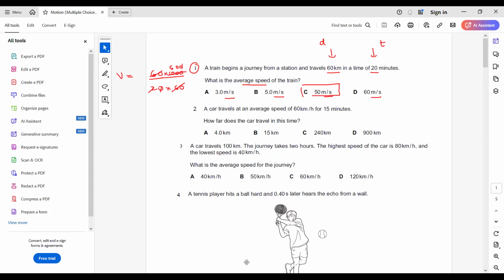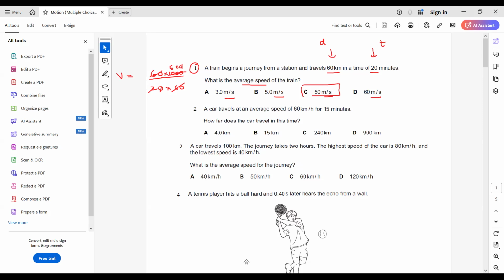Okay? Do you guys get this? Is this understood? Was it difficult? Sir, I understood it.